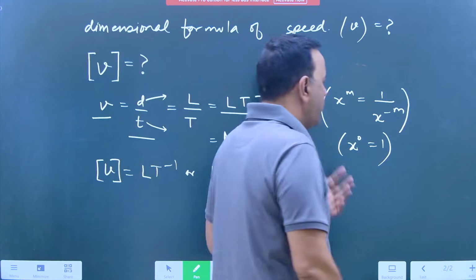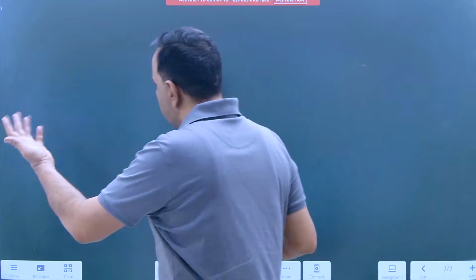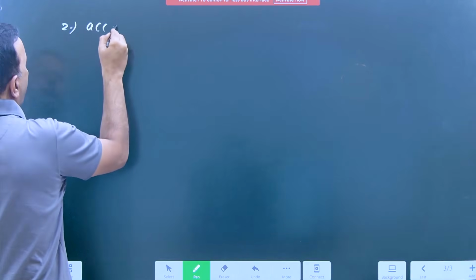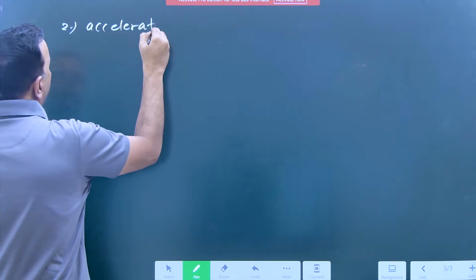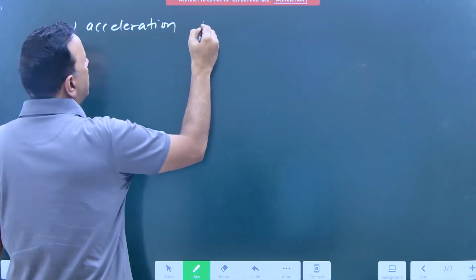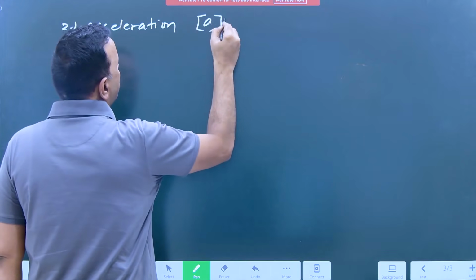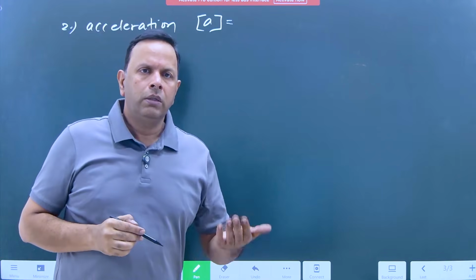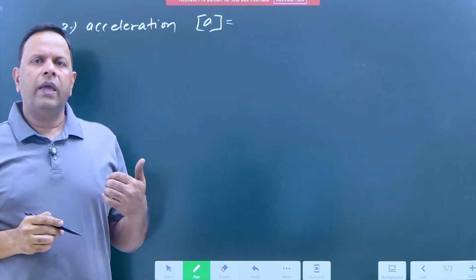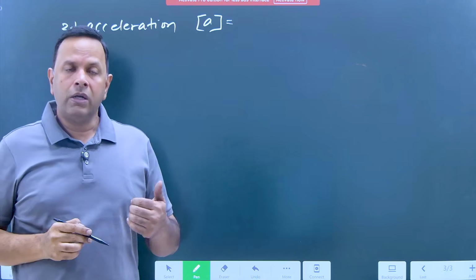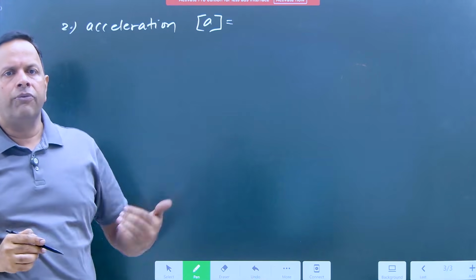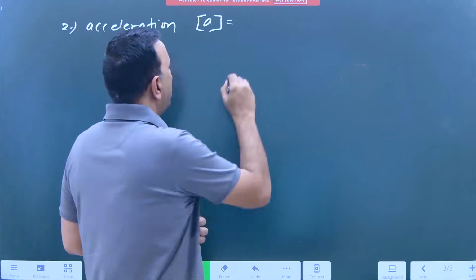So one thing we have done for the speed. Now let's do a couple more. Let us write it for acceleration. I am asking you to write the dimensional formula of acceleration. What you should do, the same thing, express the acceleration in terms of fundamental quantity. So start looking for the formula again.